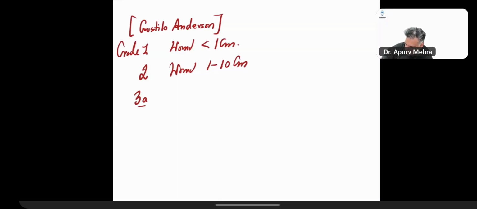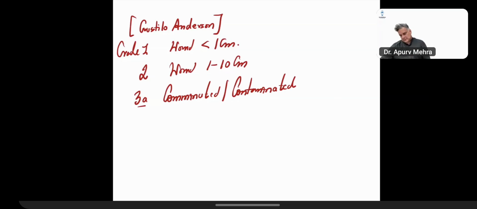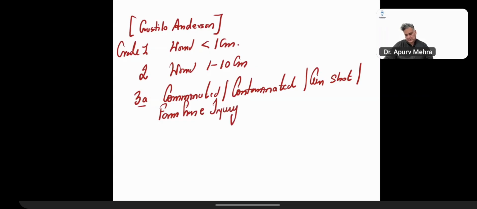Grade 3A is any comminuted, contaminated, gunshot, or farmhouse injury with coverage of bone. Still after debridement, the bone is covered.